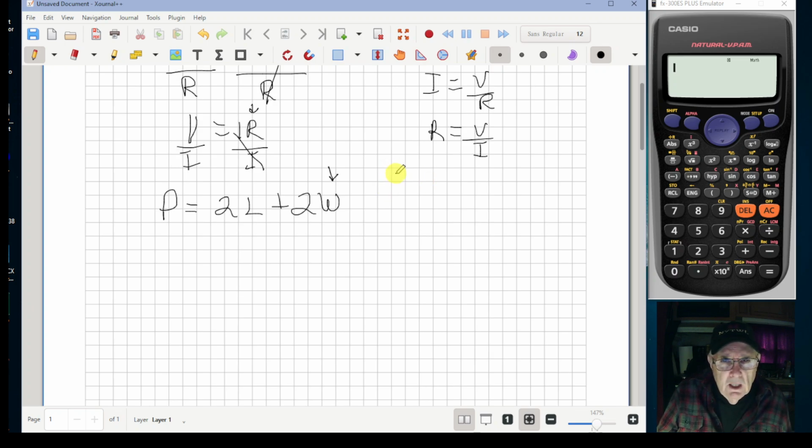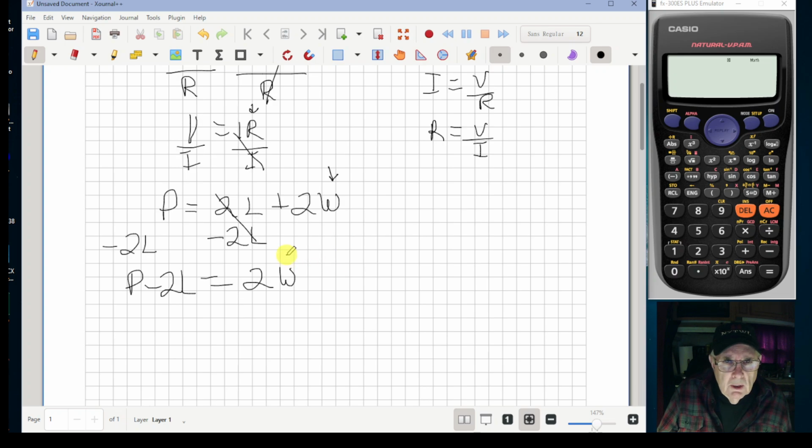Get rid of any fractions, parentheses, and get rid of any adding or subtracting. So how do I do that? Well, let's just subtract 2L, but I have to do it from both sides. So I get P minus 2L is equal to, that goes to 0, 2W.